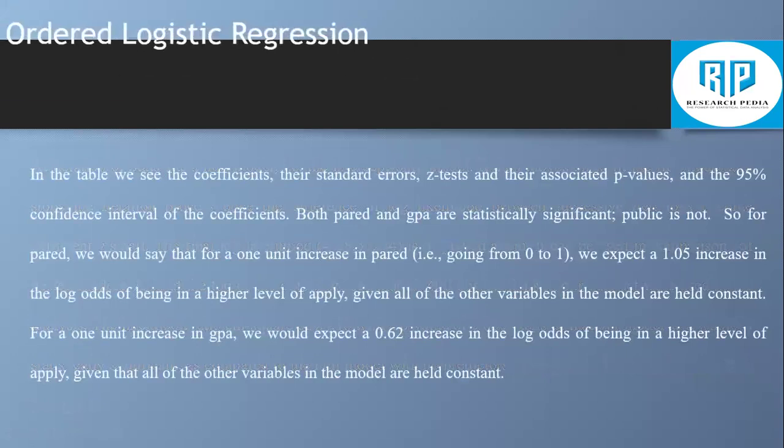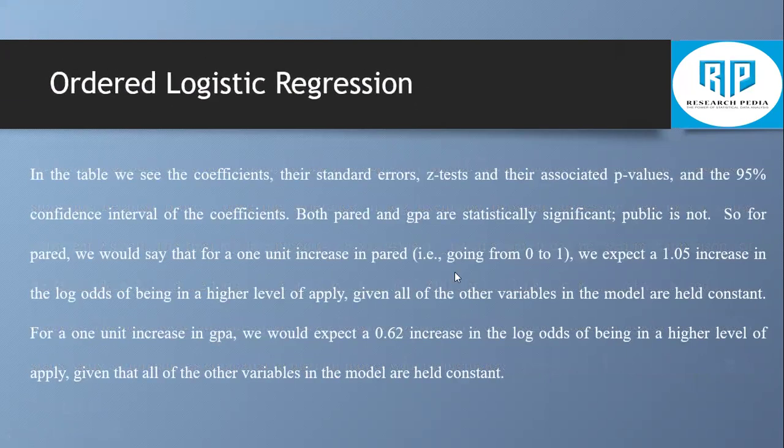So in the table, we see the coefficient, their standard error, the z-test, their associated p-values, and the 95% confidence interval of the coefficient. So both parent education and GPA are statistically significant. You can verify it, but public is not statistically significant.